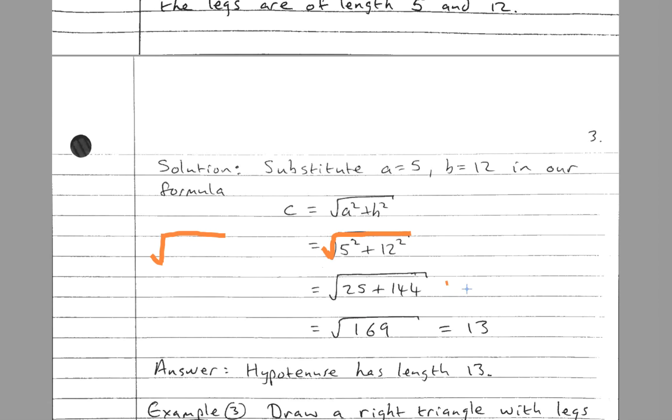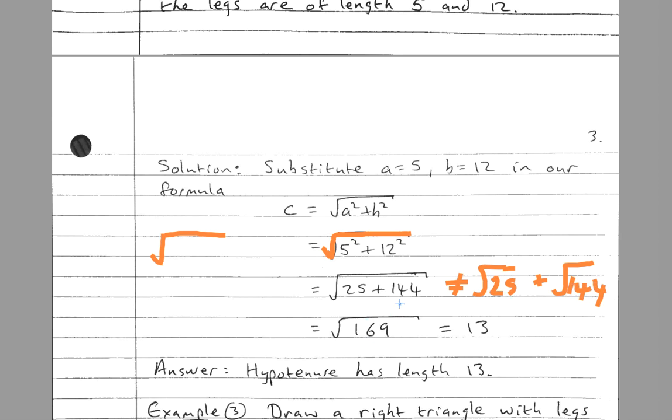Now this does not mean the square root of 25 plus the square root of 144. So this does not mean 5 plus 12.